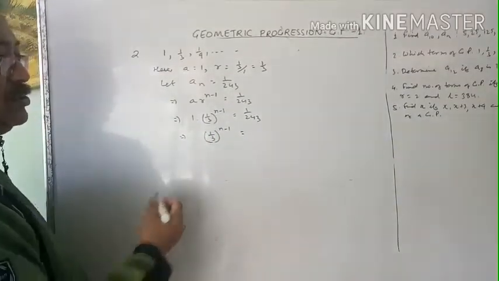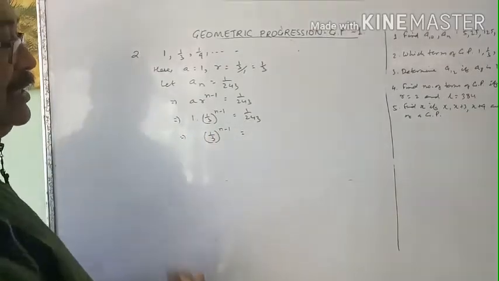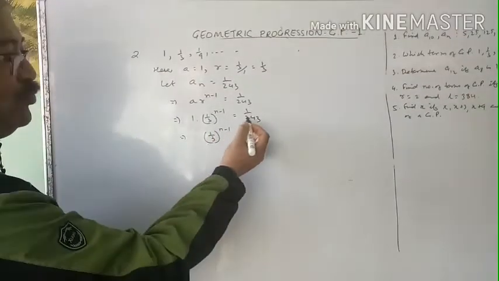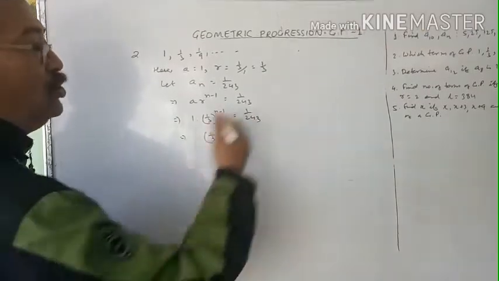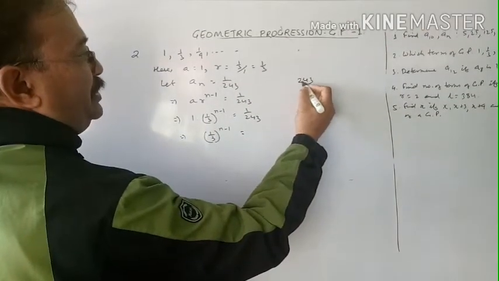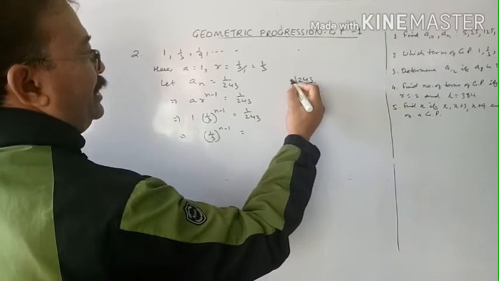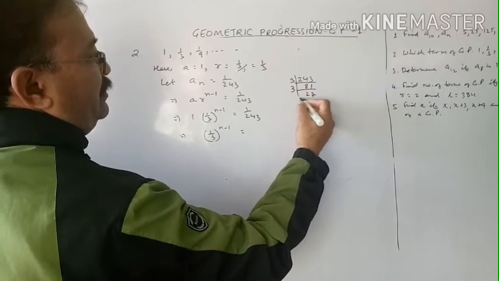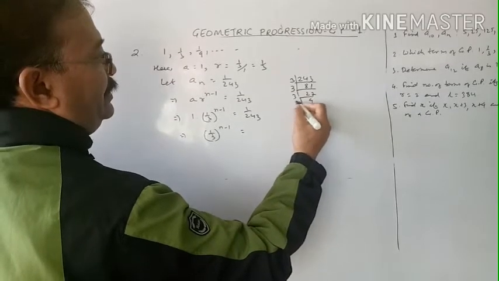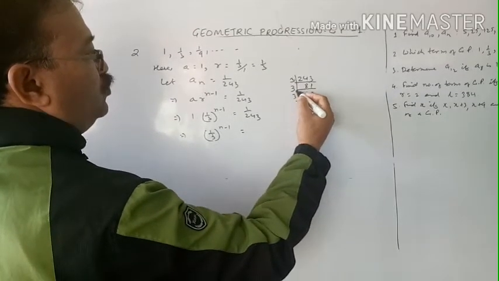Now since n is in the exponent here, we also express this in exponential form to make the bases equal. If you factorize 243, 3 can divide: 3 into 243 is 81, 3 into 81 is 27, 3 into 27 is 9, 3 into 9 is 3, 3 into 3 is 1. So you get 5 threes.